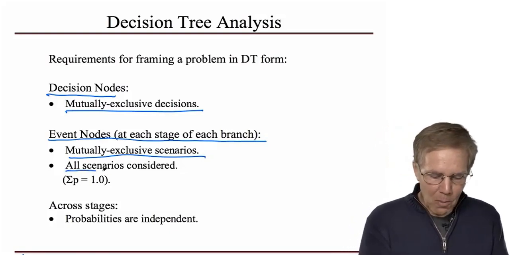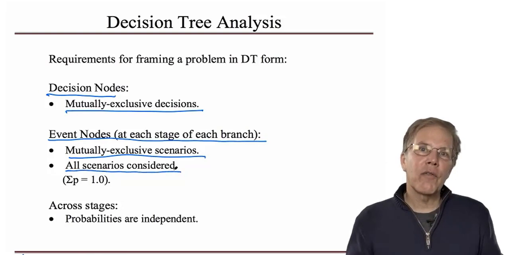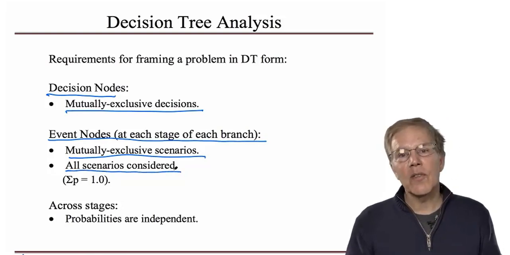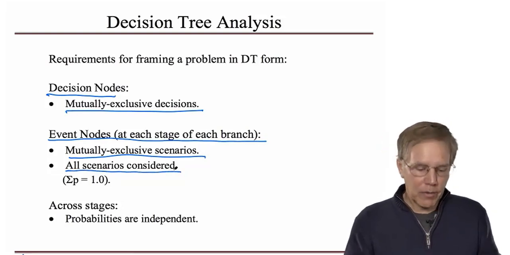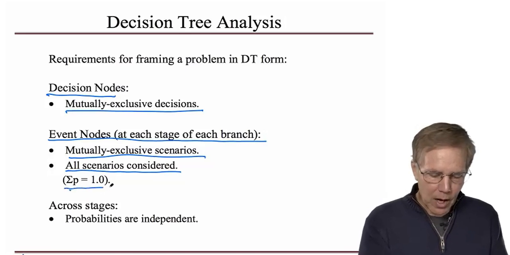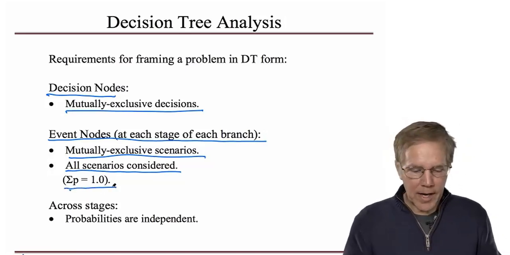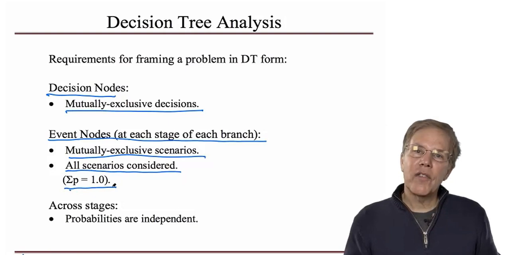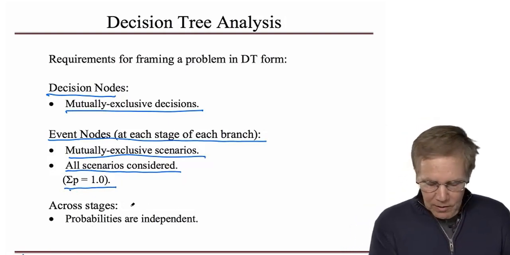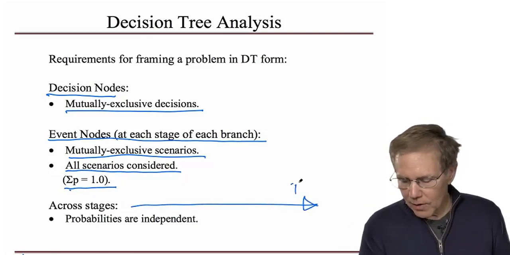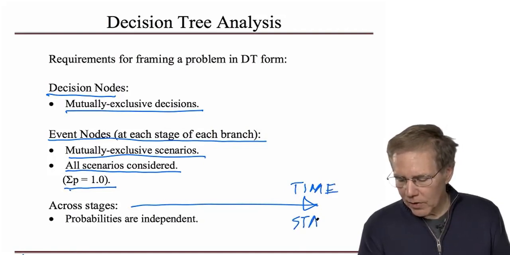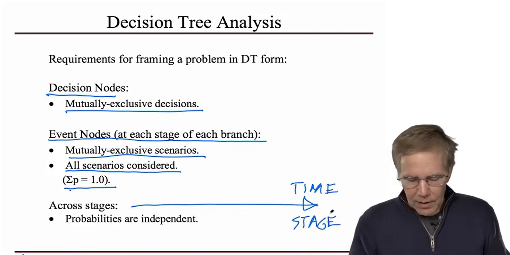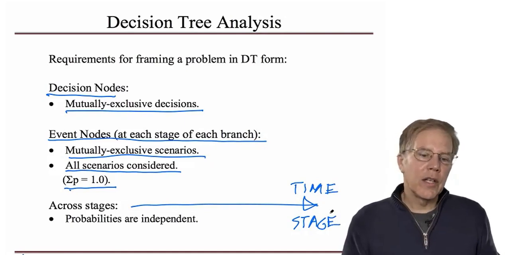We've got to consider all possible scenarios. And of course, if we're considering all possible scenarios, the sum of the probabilities for each scenario has to add up to 100% or 1, okay? And across our stages along the time or stage axis here, the probabilities need to be independent.